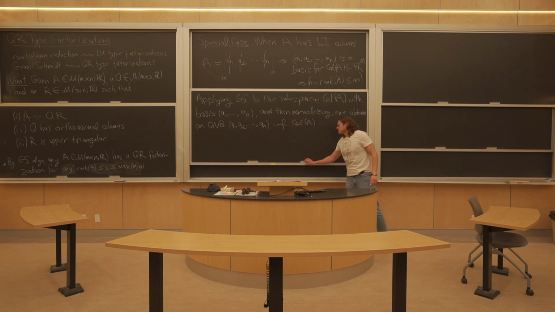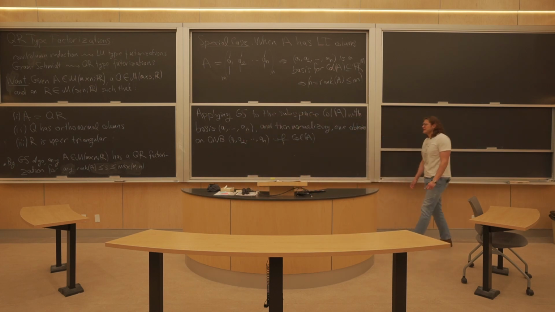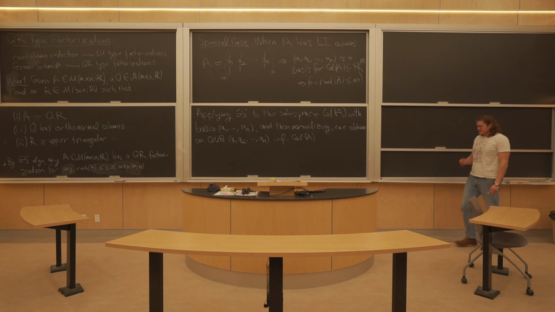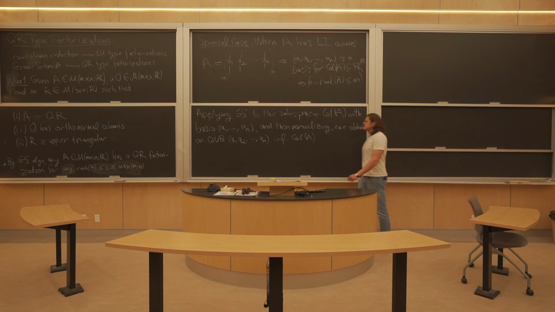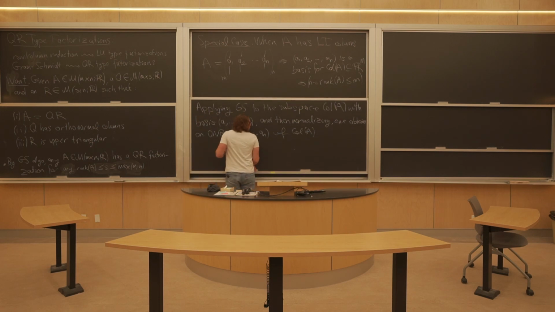And recall that these bases are related in a certain way, namely that their flags are the same. Meaning that if I take the first, let's say, k vectors in this basis and look at the span inside the column space, that span would be the same as the span of the first k vectors in the other basis.